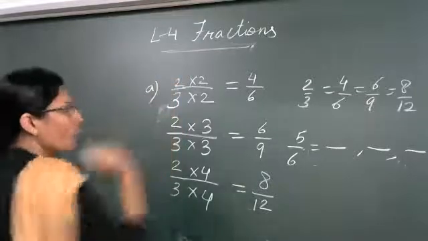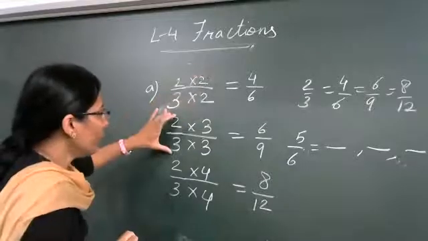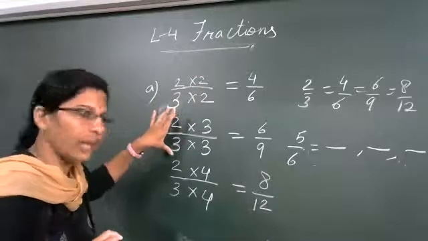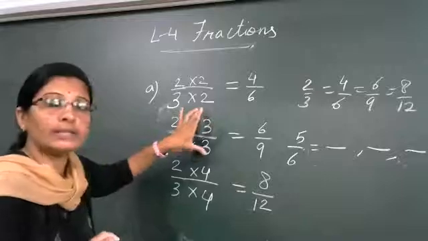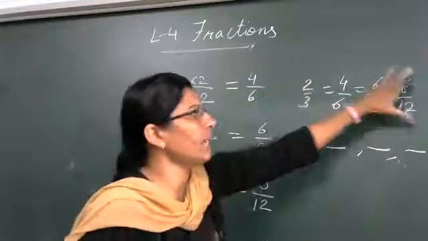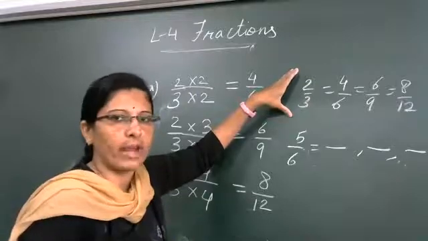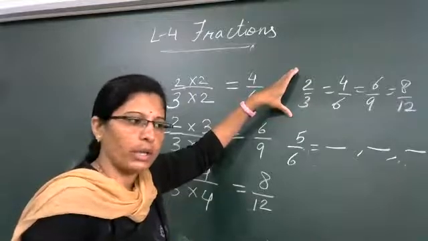Or we can start from 1 also. Whichever fraction's equivalents we have to find, we multiply with the same number up and down, or we can write the table of that number. That will be the equivalent fraction. Now got it?